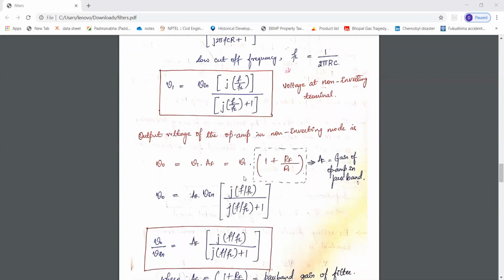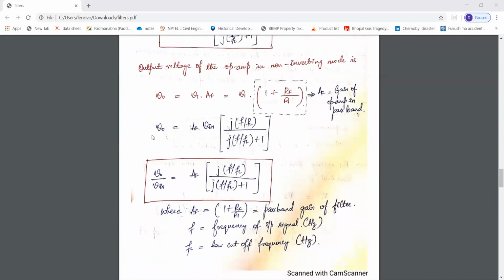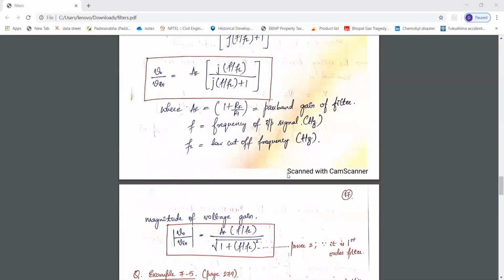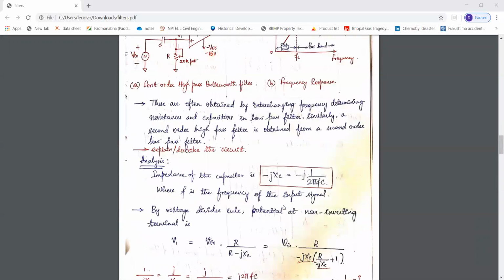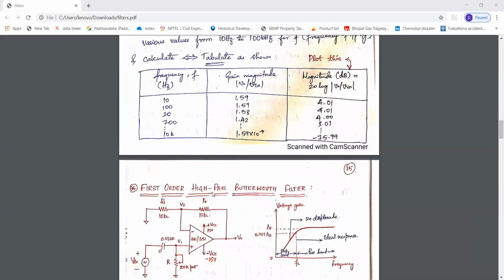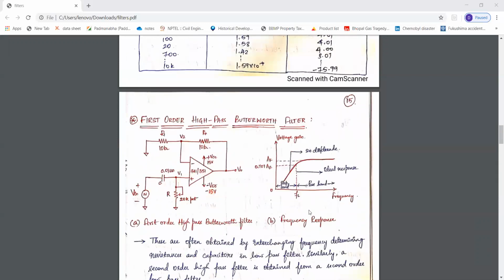Here we have substituted, and V0 by V in, that is the gain, will be equal to so much, where AF is the passband gain of the filter, F is the frequency of the input signal, FL is the low cutoff frequency of the filter, and the magnitude of this is AF into F by FL by square root of 1 plus (F by FL) whole square, power 2, because it is a first order high pass filter.